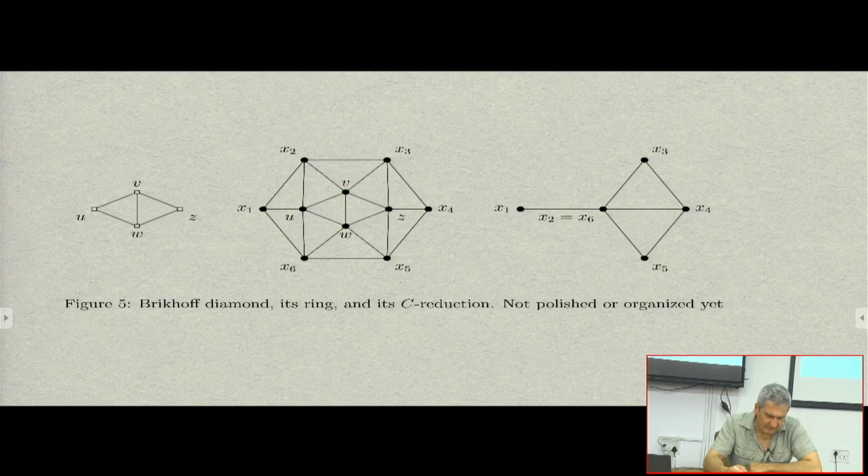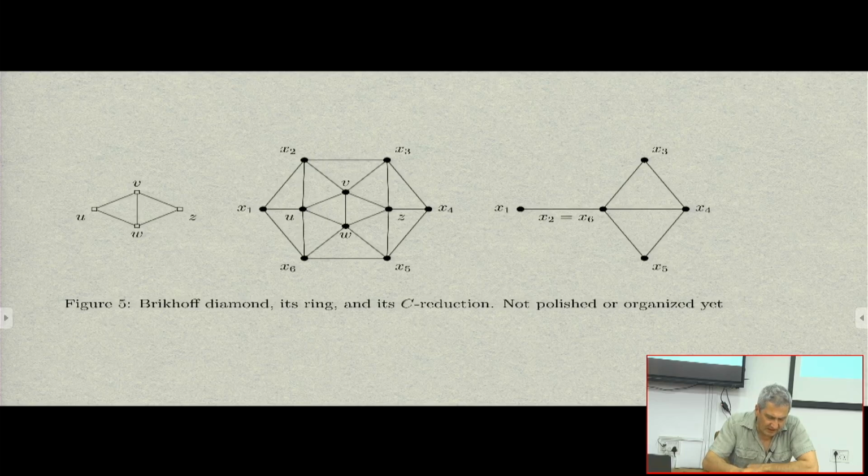When he identified these two, what's exactly he's doing? He identified these two, but what happens with V, W, Z? Maybe he identified these two together.